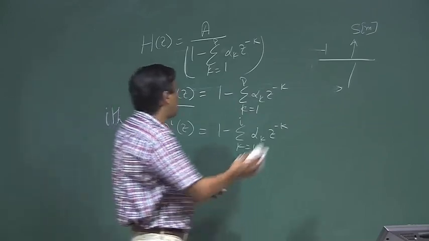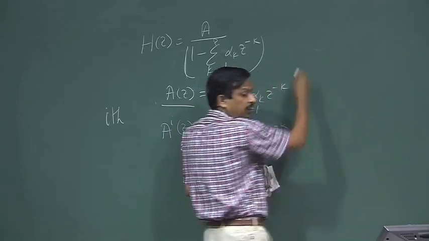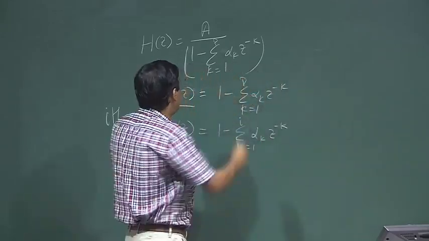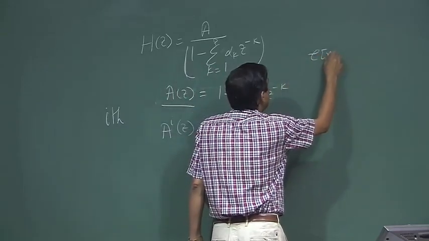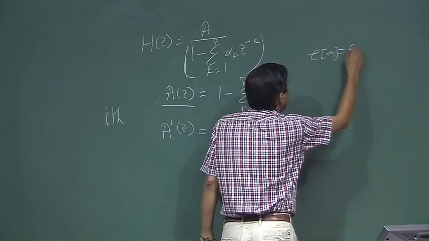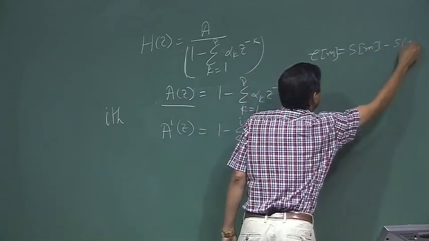So, what is forward prediction? Forward prediction error, e_m, is nothing but the original sample minus the estimated sample.